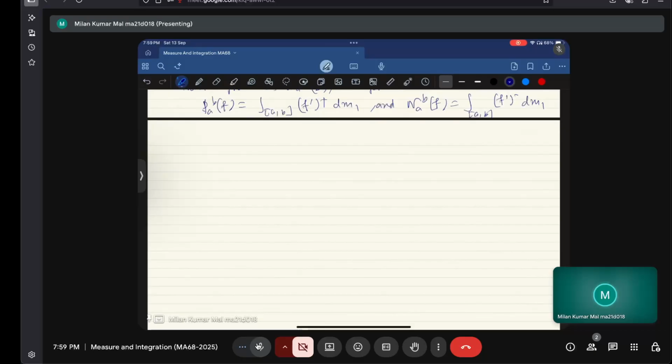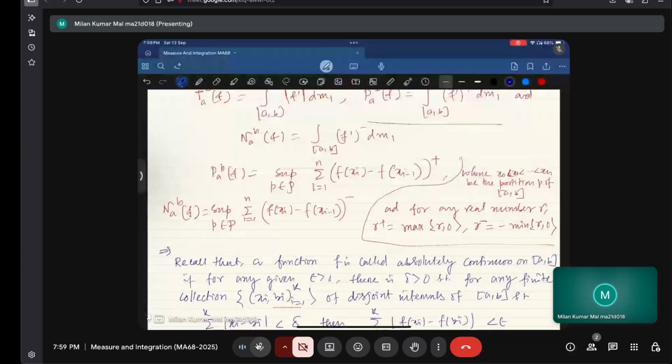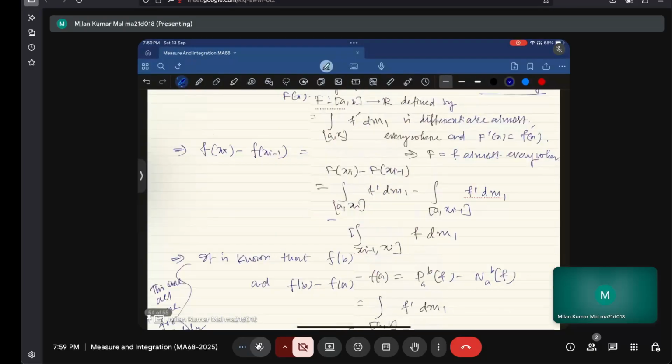I think this is what we are asked to prove, right? NAB is equal to f dash minus and PAB is equal to f dash plus. Yeah, this completes the proof.